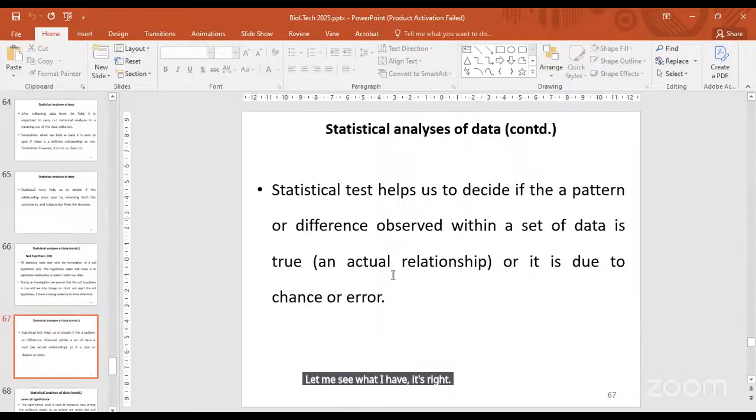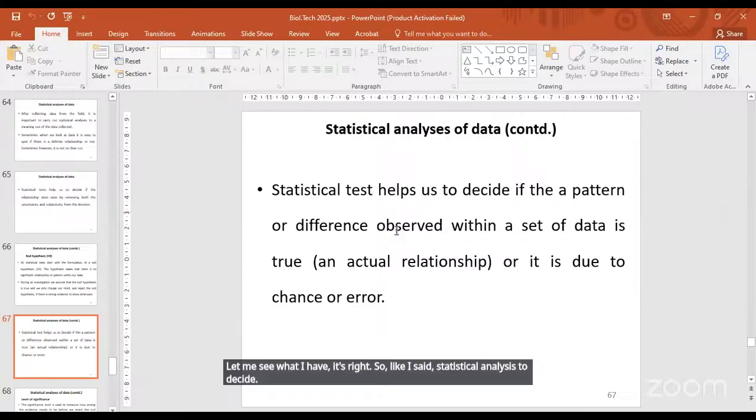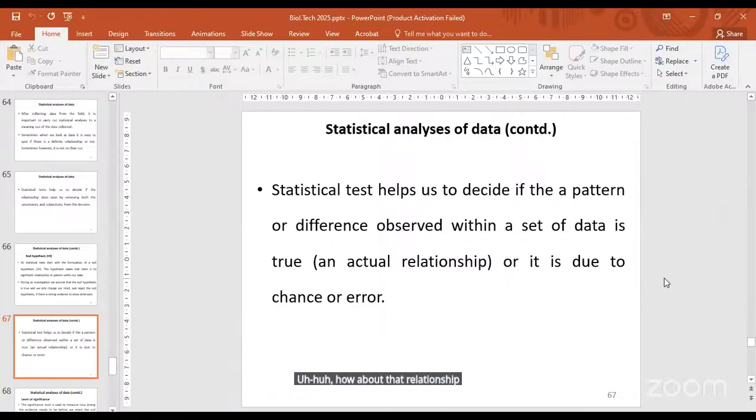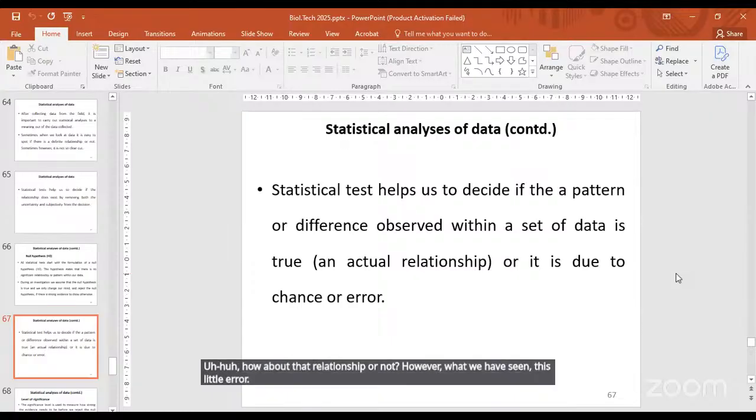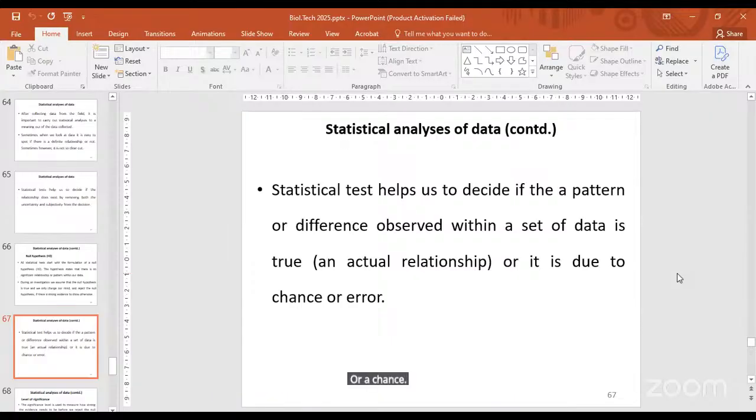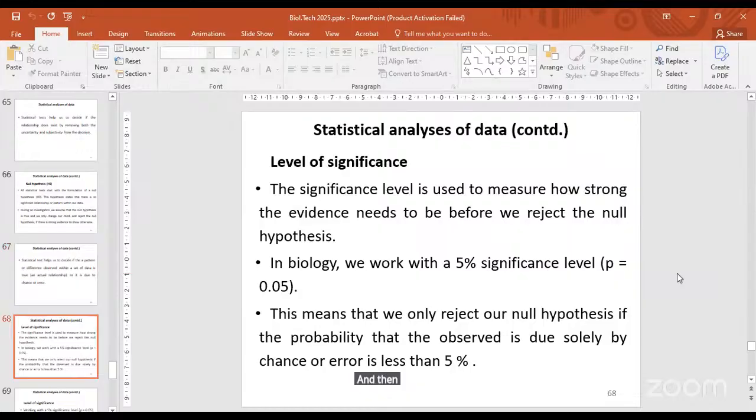So, like I said, statistical analysis helps us to decide whether there's a relationship or not, or whether what you have seen is due to error or chance. So you want to eliminate the chances of error. And then now, as I was saying, to remove uncertainties from what you have found, maybe what you have found is not by mistake or because of an error somewhere.